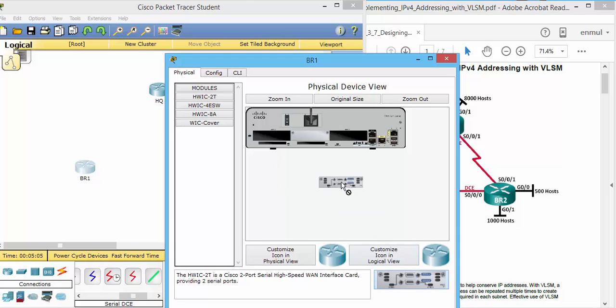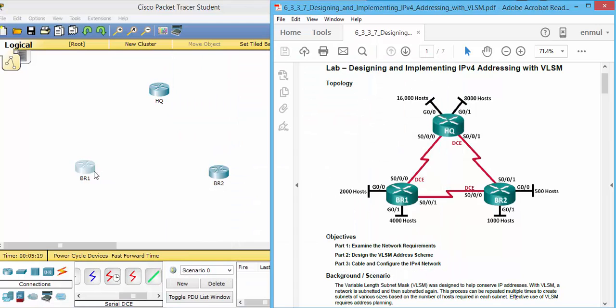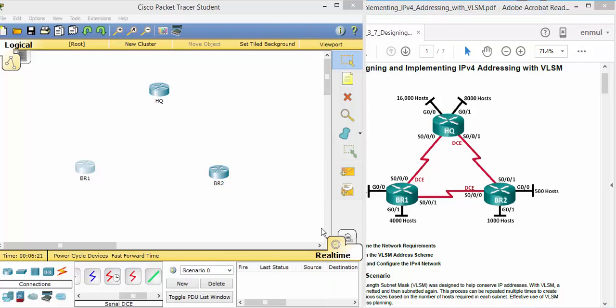So this module here and this module here, and now we turn it on, and now we should be able to see the serial interface. And likewise we do in HQ and BR2. I'm going to be doing this off screen.